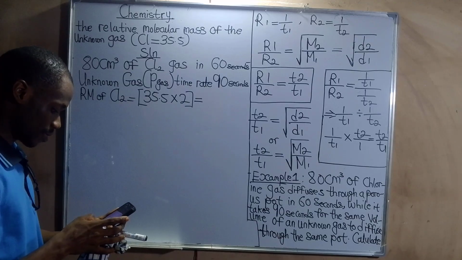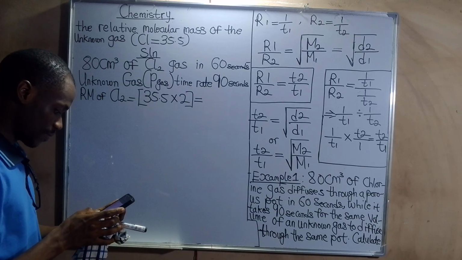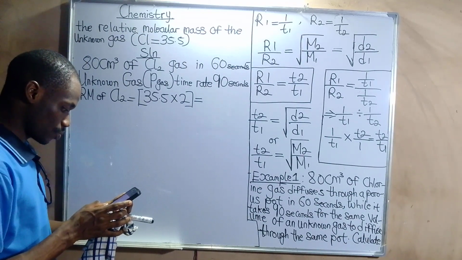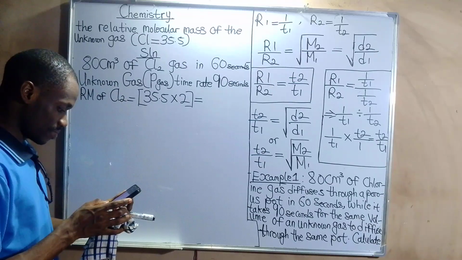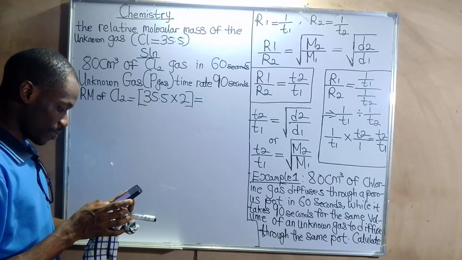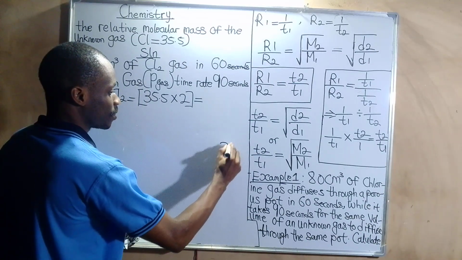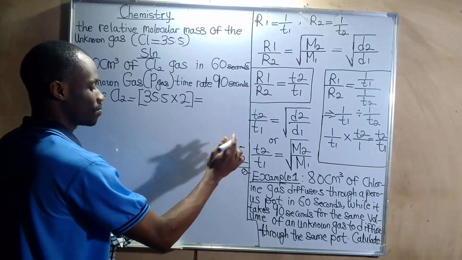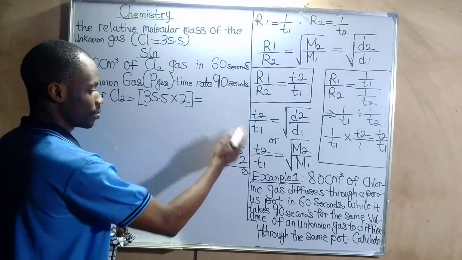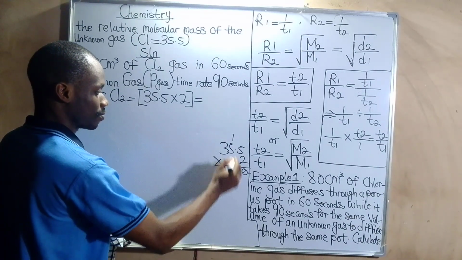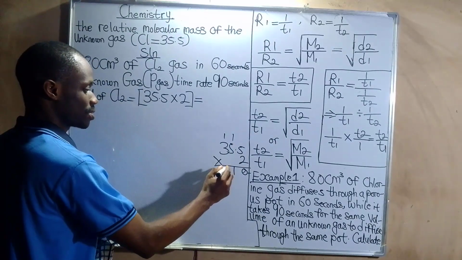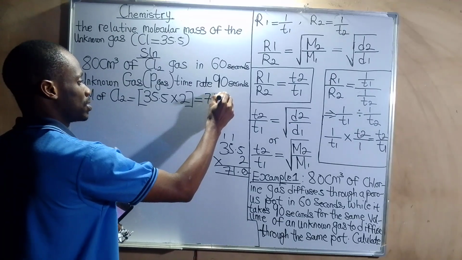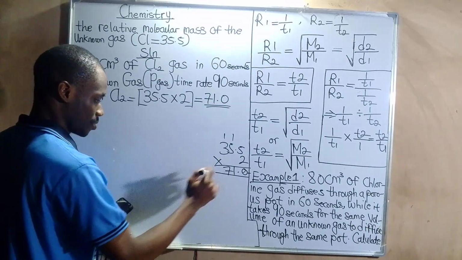Let's confirm. 2 times 5 is 10, put down 0, carry 1. 2 times 5 is 10, plus that one, 11. And 2 times 3 is 6, plus this one, 7. That's 71.0. So we have 71.0.